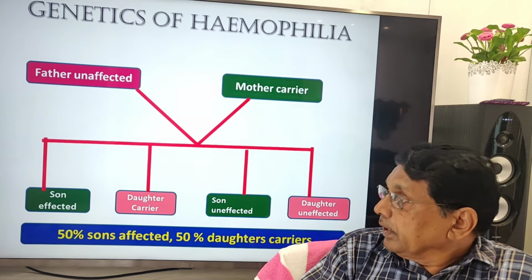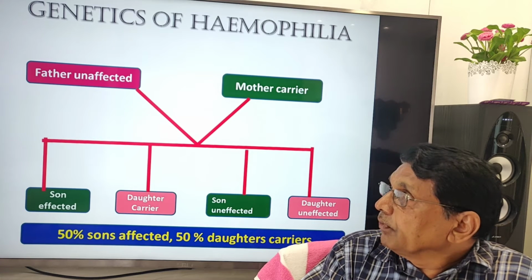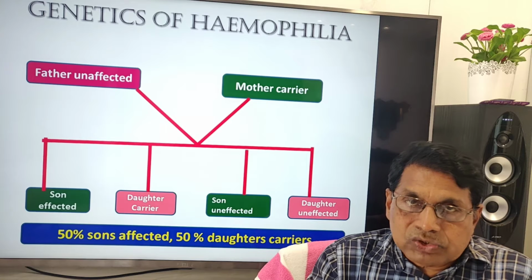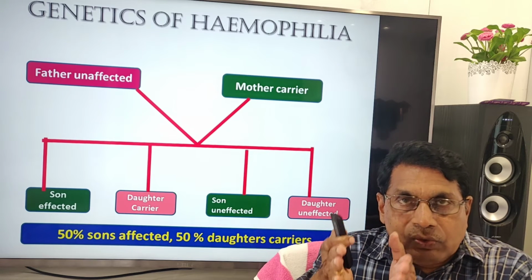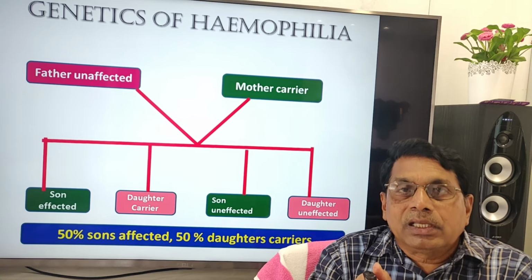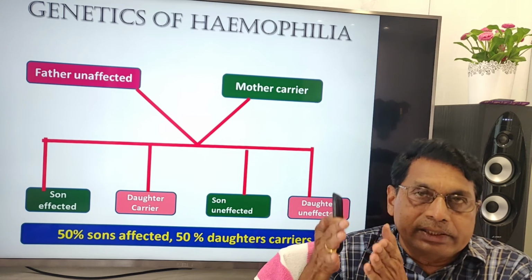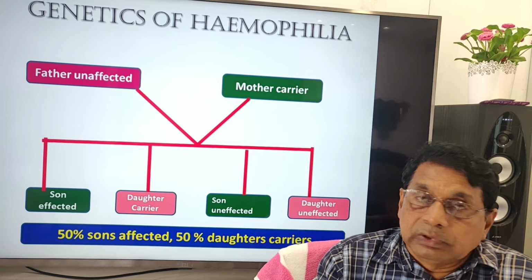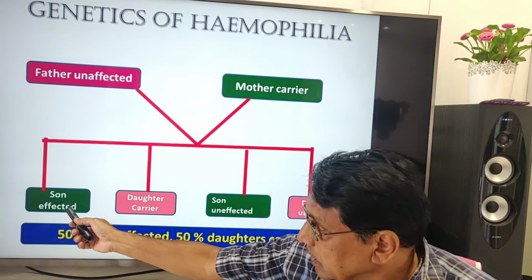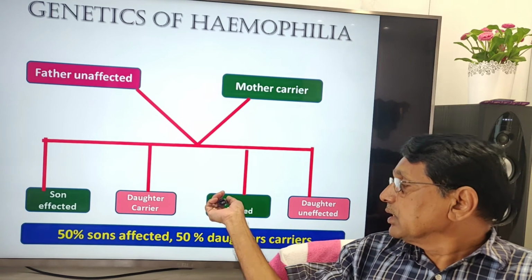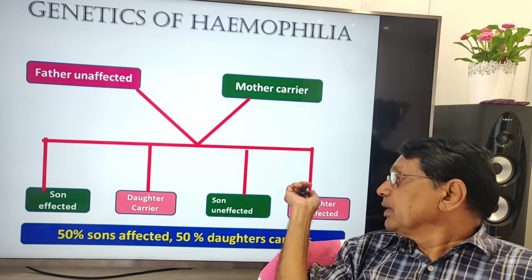Then another case: father unaffected, mother a carrier, meaning that out of two X chromosomes, one carries the recessive gene and the other the dominant, but she is a carrier. Sons affected, daughter carrier, son affected, daughter unaffected.